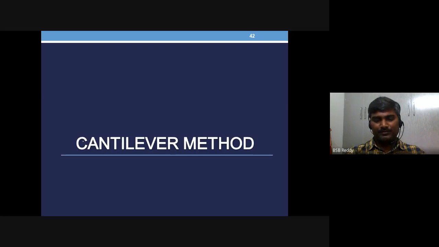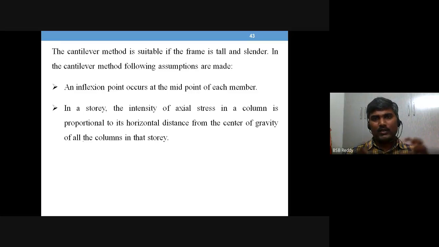So, the cantilever method. Again, the cantilever method is also a method used for approximate analysis of structural frames subjected to lateral loads only. Again, there are two assumptions here, as you see.